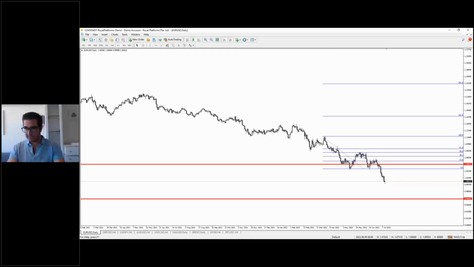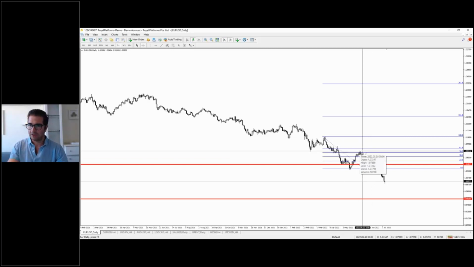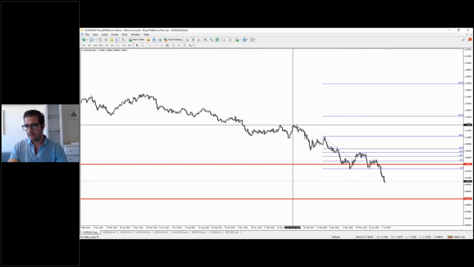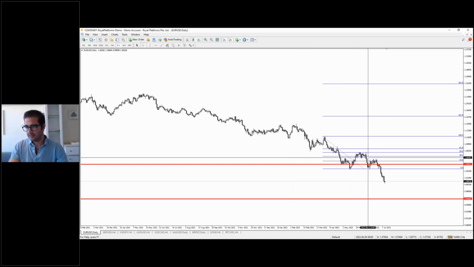So what we might see, by the way, here we have a retracement. Let me make this clearer. We have this retracement until the 50% Fibonacci retracement. Sellers jump back to ride the downtrend and push the price to the downside.